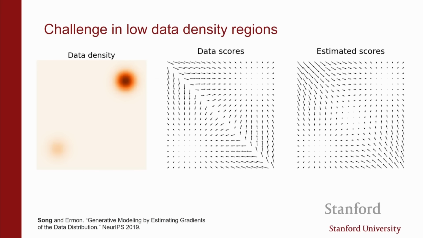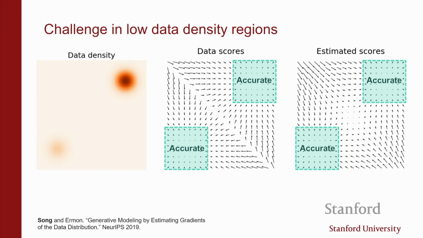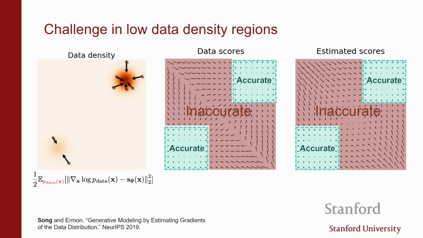The other issue, which was hinted at before, is that we're going to have problems in the low data density regions. Because points that are likely under the data distribution, we're going to get a lot of samples from those regions.